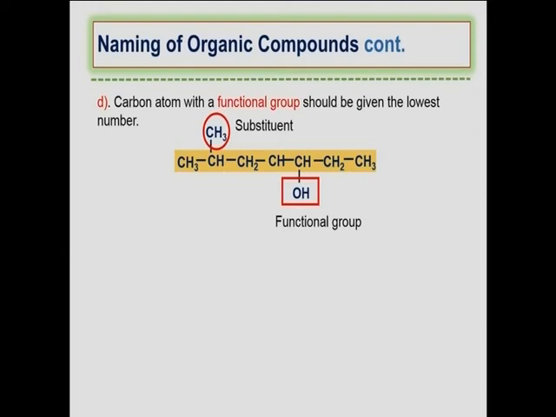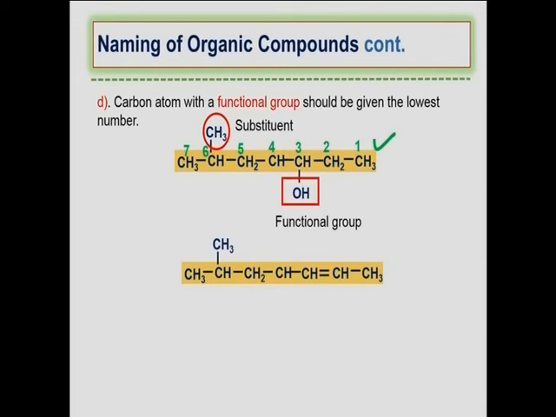So you need not take care of the substituent. Obviously, the carbon with the functional group should be given the lowest number. So our numbering will be from the right. If you number from the left, then the functional group is going to get a higher number. And again you have another functional group, the carbon carbon double bond. So obviously the functional group should be getting the lowest number.